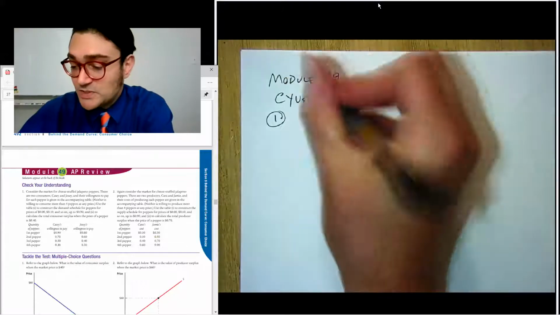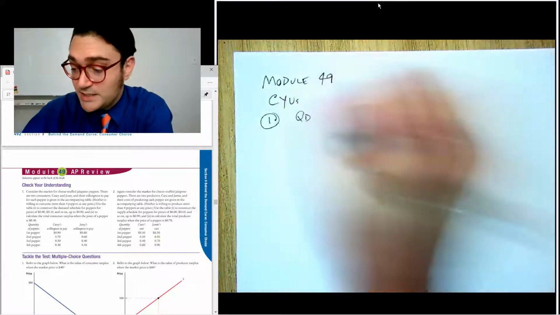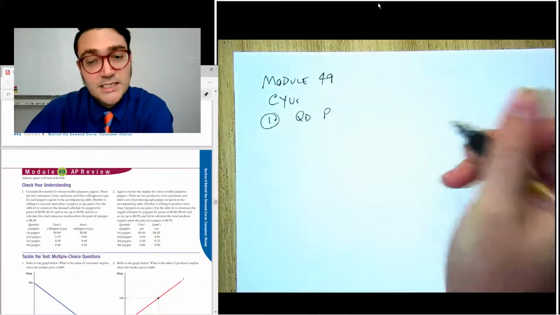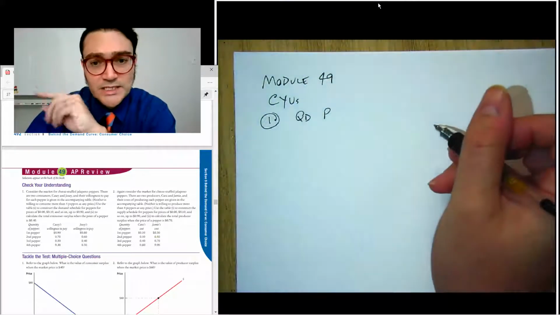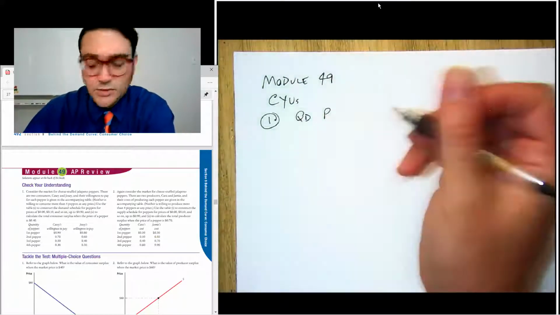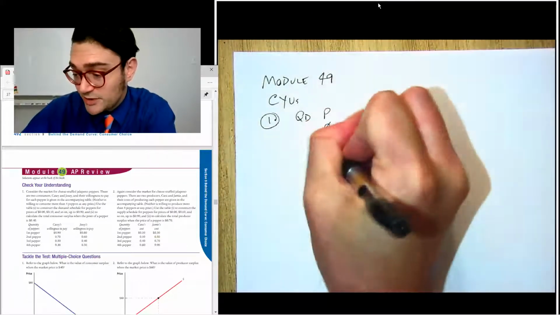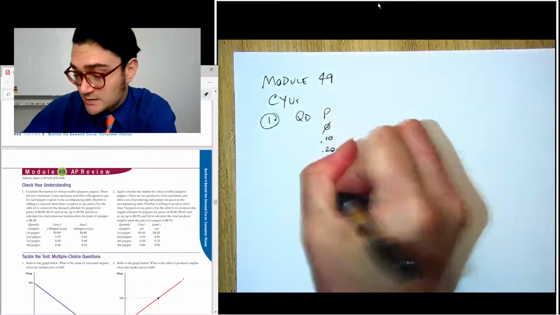Okay, so the first thing we want to do for a demand schedule is know that it's quantity demanded and price, and it's the demanded amount for the two people. And so it says do it for a price of 0, 10 cents, all the way up to 90 cents.